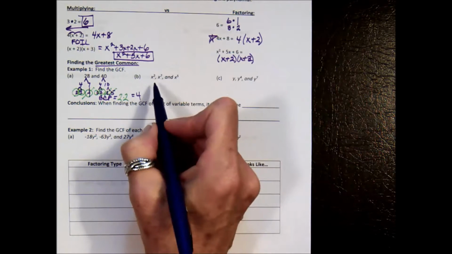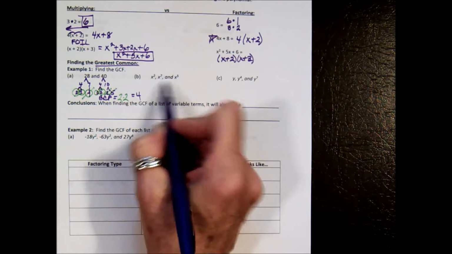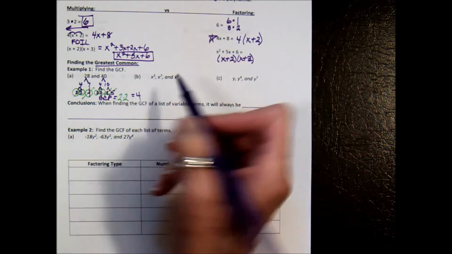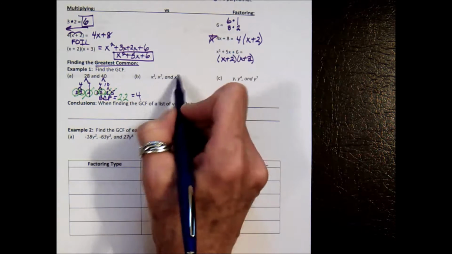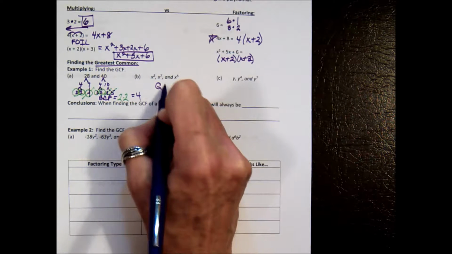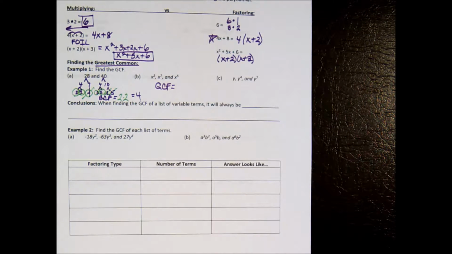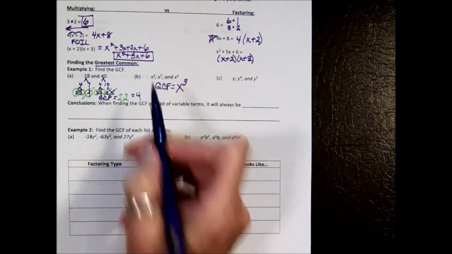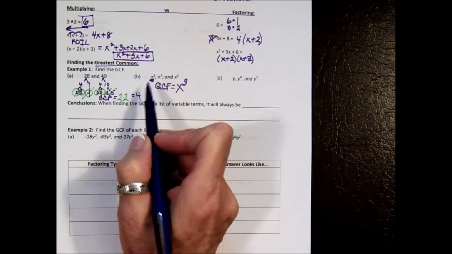Now it's actually easier to find the greatest common factor with a list of variable terms. So here I have x cubed, x to the 7th, and x to the 5th. The greatest common factor is the most that they have in common. The most they have in common is x cubed, because this one doesn't have enough to have more in common.